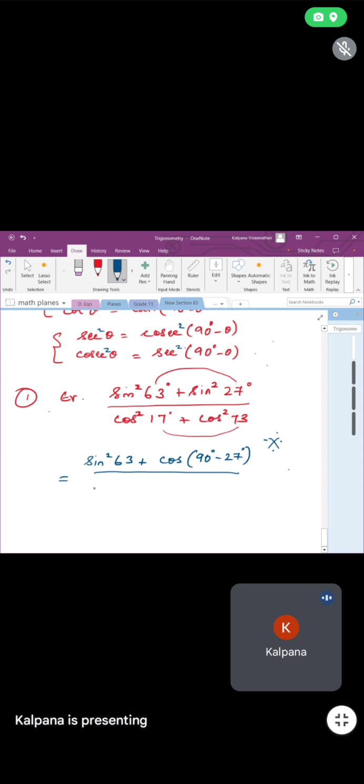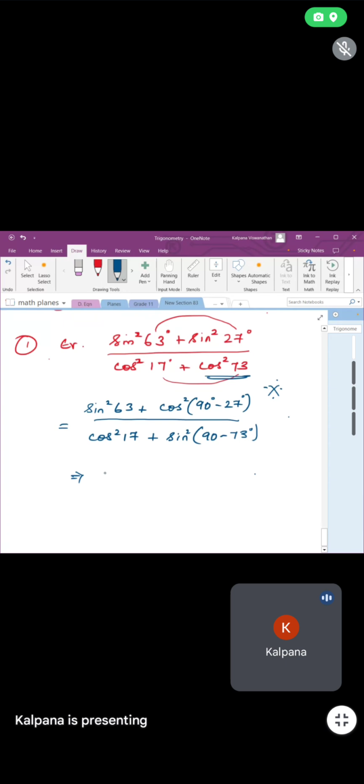Now next is cos square 17 plus. How do I change this cos square 73? Cos theta is sine 90 minus theta, so sine 90 minus 73. In the next step, sine square, right?